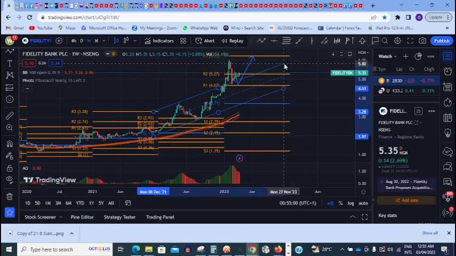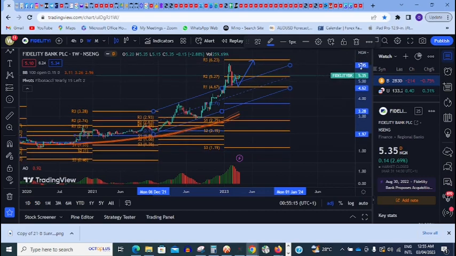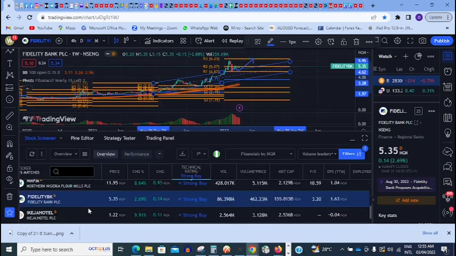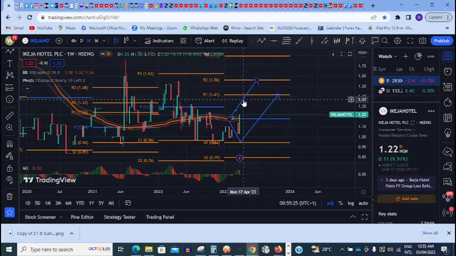I think you can buy. The low of last week is 5 naira 15 kobo. If you get it at 5 naira 15 kobo, then let's take it to R3, which is 6 naira 23 kobo. As for Fidelity Bank.